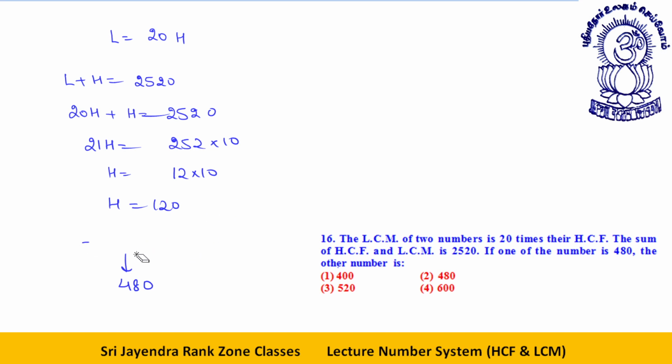First of all, we already know that L is equal to HXY. LCM is 20 times HCF, so this XY is 20. This is possible only if X and Y are co-prime. There is only one way: 4 into 5.